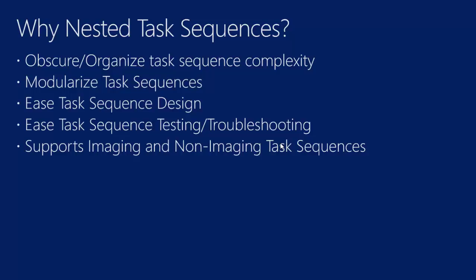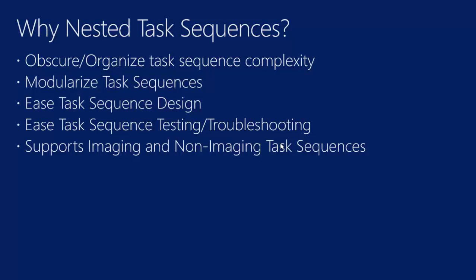Well, with nested task sequences, that's largely a thing of the past. If we make a change in the task sequence module that we need to update, run it and verify that it runs successfully, then plug it into the parent task sequence, it really shouldn't be any different at all, right? Okay.